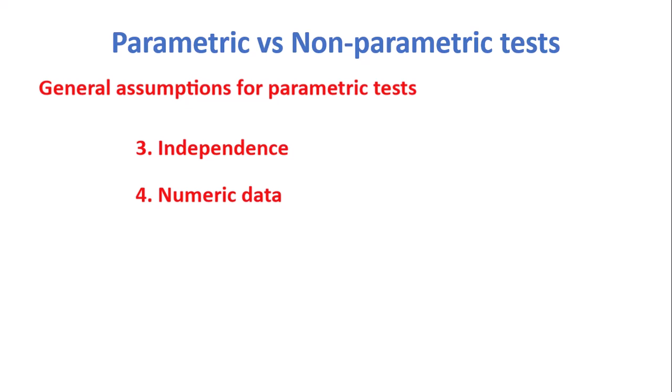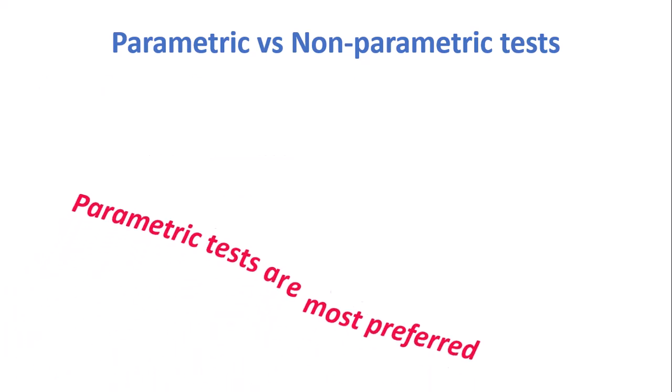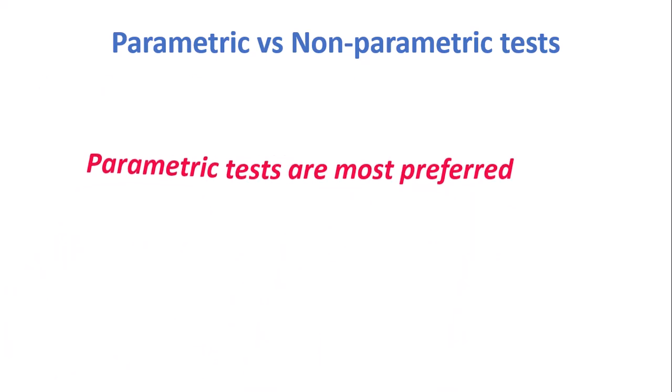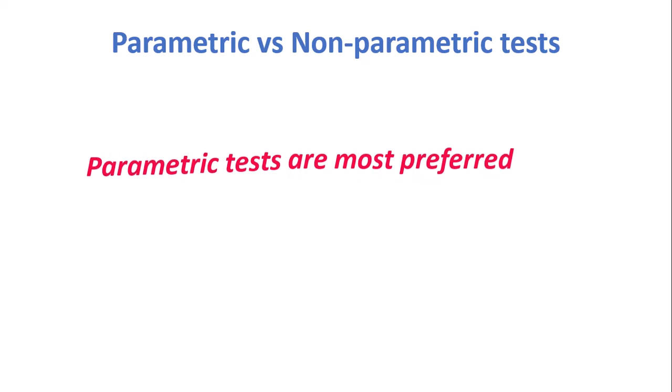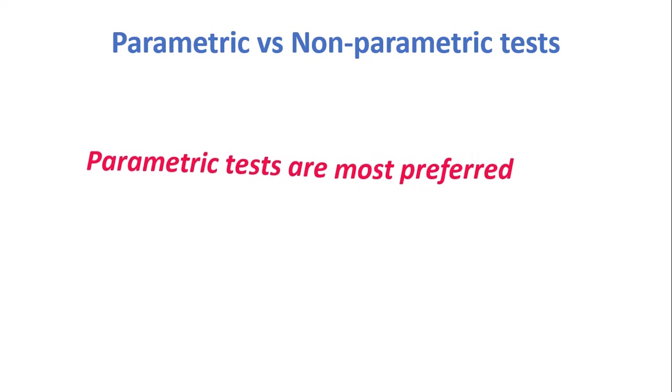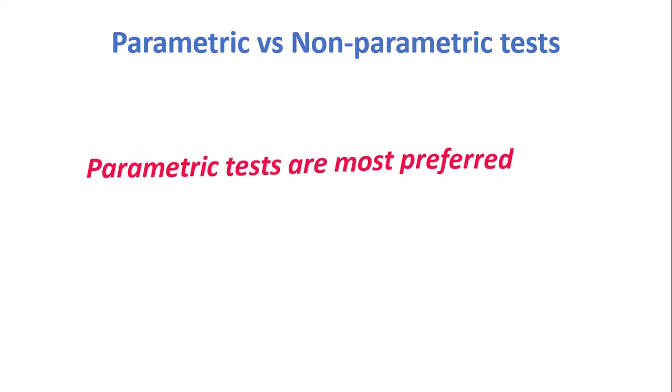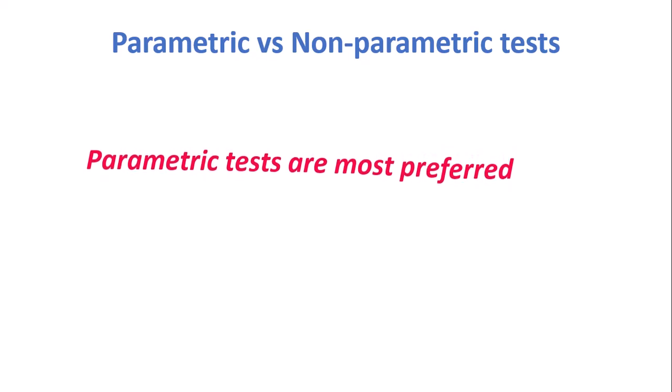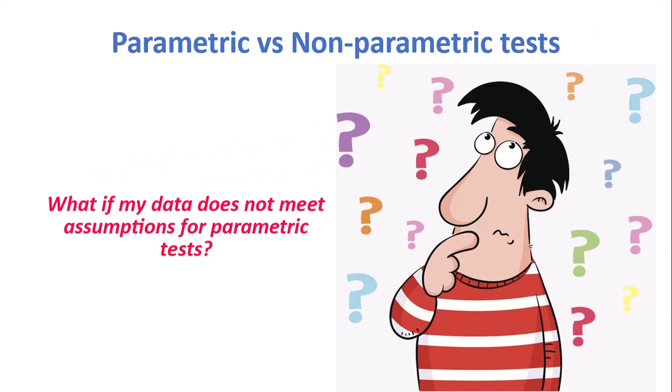Parametric tests are often more preferred because they are more powerful and they are able to detect small differences between groups, or a small sample size is usually sufficient to reject the null hypothesis. But what should you do if your data doesn't meet the assumptions for parametric tests?